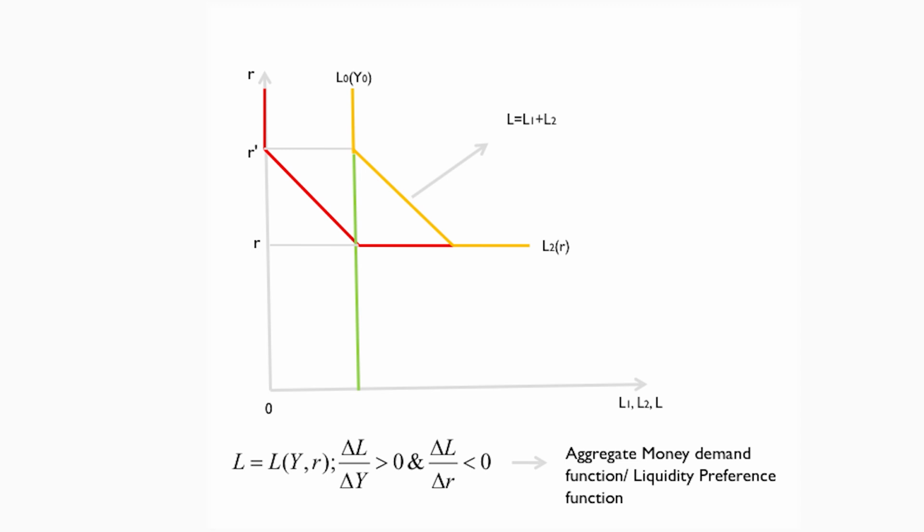So, L1 plus the L2 part, that is the sloped portion, the downward sloping portion of the speculative demand curve, and then again it coincides with the horizontal segment of the liquidity trap. So, this yellow colored line that you see in the diagram is basically the liquidity preference schedule.